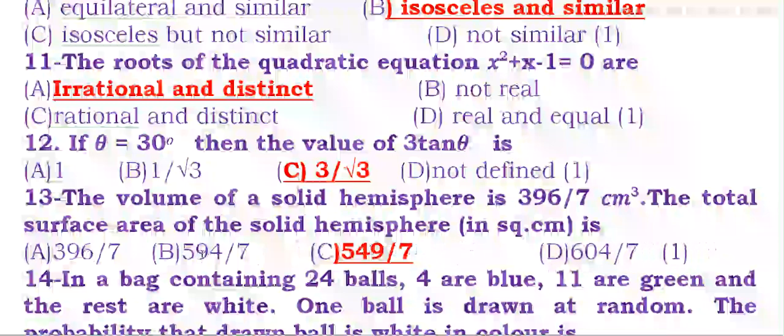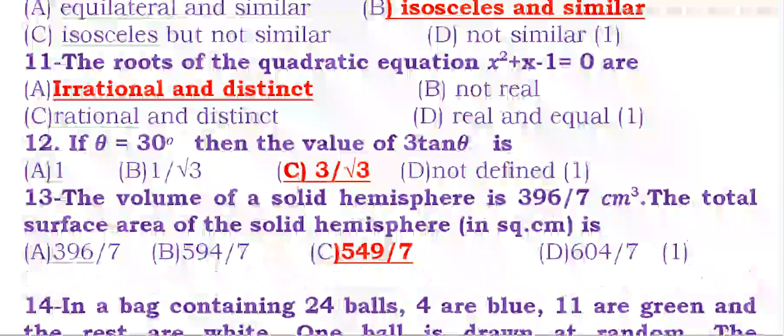And r will be 3, then the surface area 2 pi r square, 2 into 22 by 7 into 3 square, that will be 396 by 7.